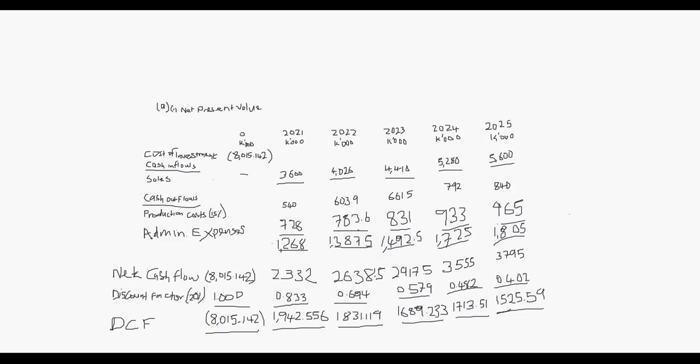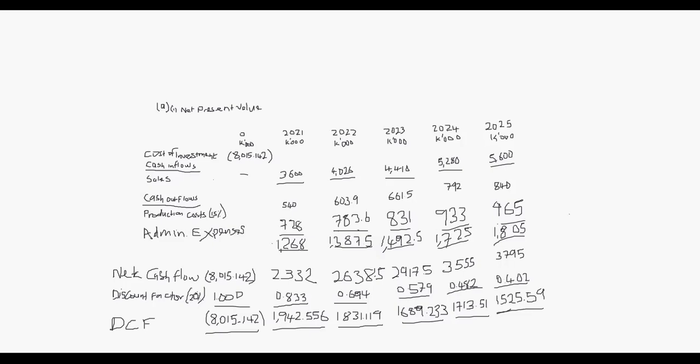In 2021, we had 2,332. In 2022, 2,638.5, followed by 2,917.5, followed by 3,555.